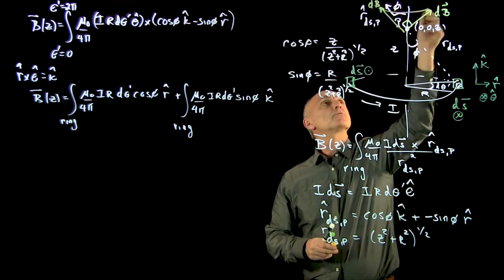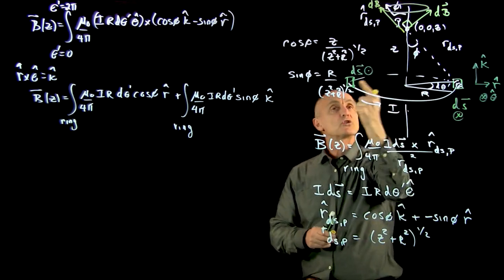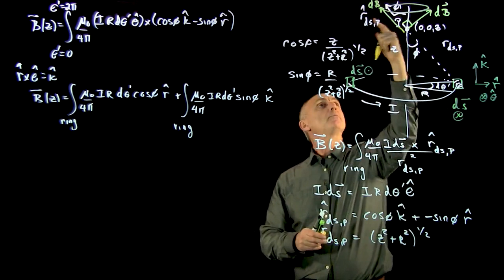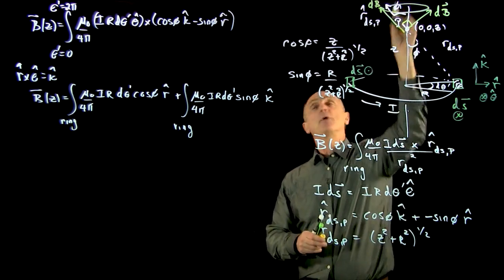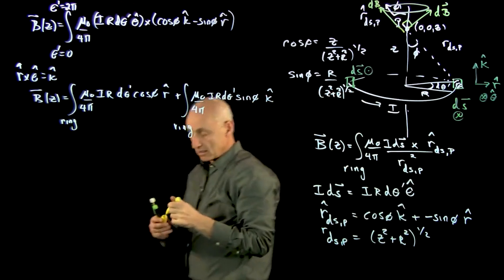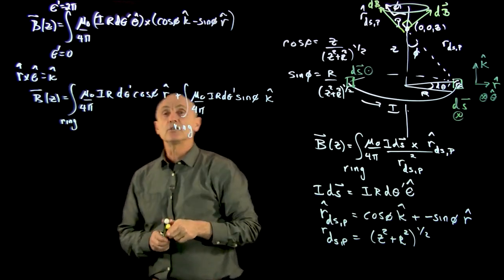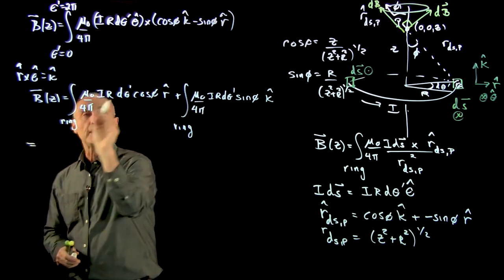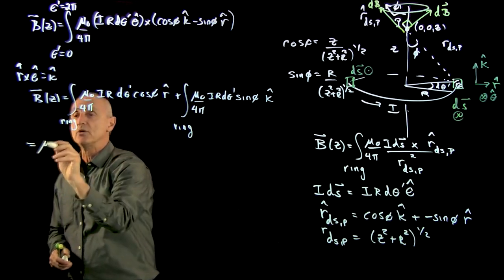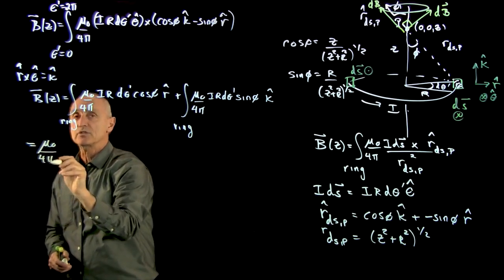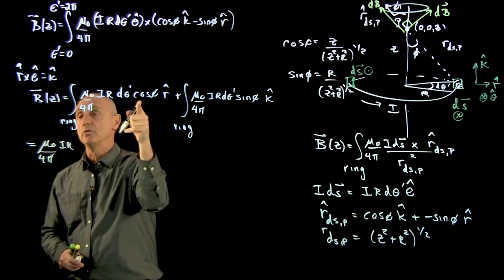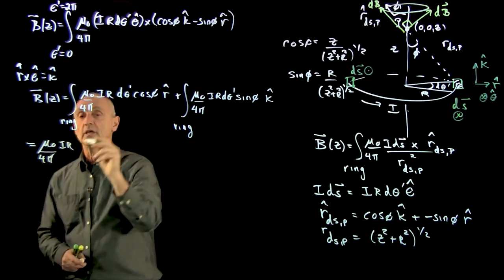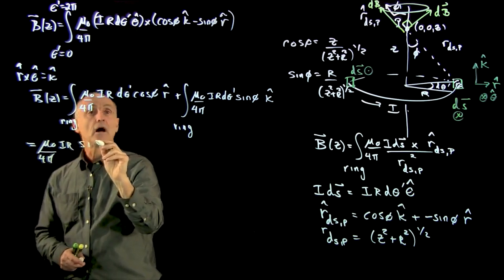And so what we're doing is we go around the ring, we're sweeping out a cone, and when we sweep out a cone, the only component of dB that is non-zero is in the vertical direction. And by the way, I'm claiming that this r hat integral will be 0, and sometimes it's just nice to actually do that integral. The integral of cosine phi is sine.